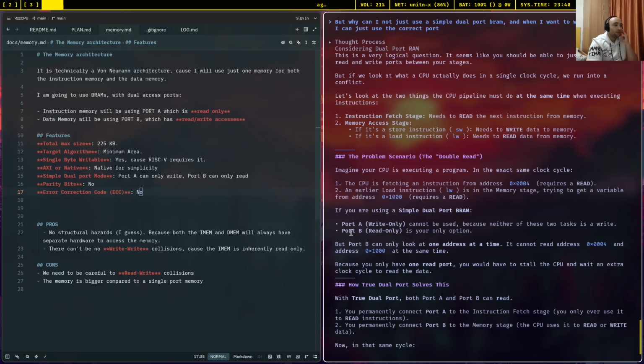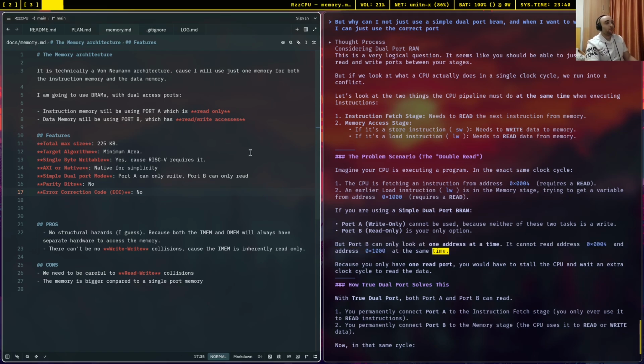But port B is your only option. Okay, yeah, you cannot use the simple dual port RAM.